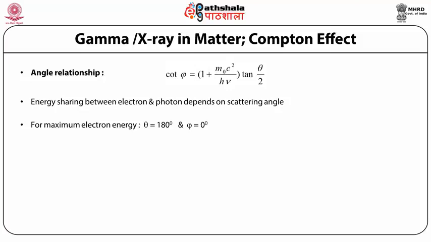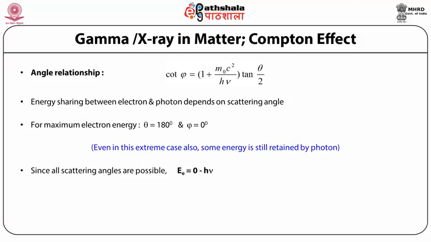So for maximum electron energy, that is for maximum recoil, the photon has to scatter at an angle of 180 degrees, or be reflected back, and in this situation phi is equal to 0. If we put these two values in the above equation, we can get the conditions for maximum energy transfer to the electron. Even in the extreme case, some energy is still retained by the photon. Since all scattering angles are possible, we get E_e ranging from 0 to h nu.